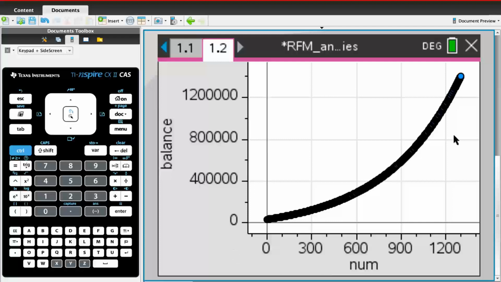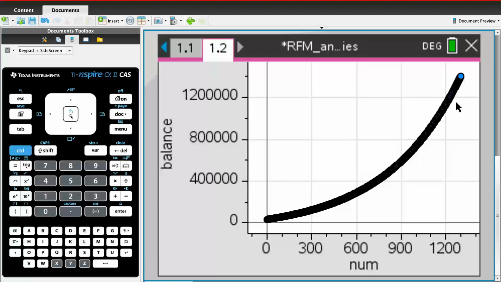So I'm not going to try to click anything, but if I go to the end, you'll see that final point there. But even more importantly, if you look at the curvature right at the end, it's growing most quickly, or the gradient is steepest towards the end of the life of this investment annuity.